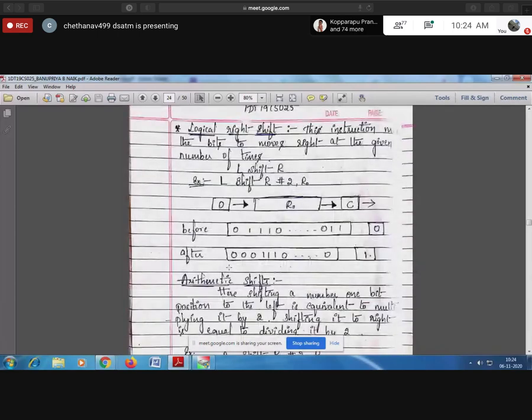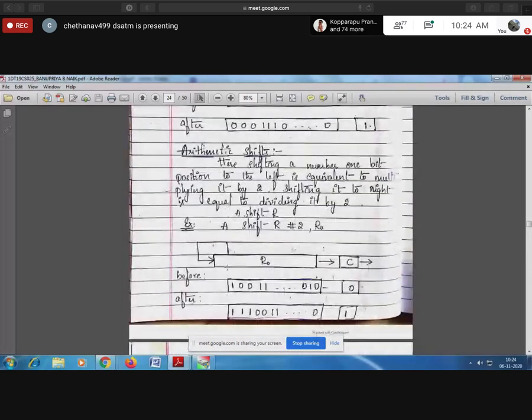See, the main difference between logical shift and arithmetic shift. In arithmetic shift, what will happen? Whatever data you shift towards the right side will be added to the same operand.